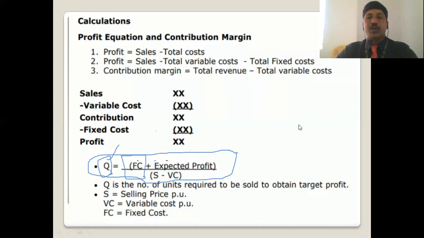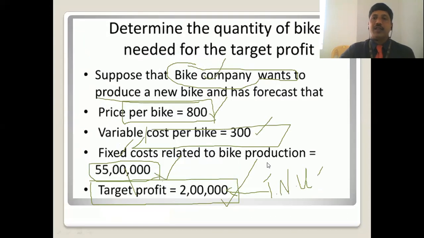Sales minus variable cost is also said to be contribution. Selling price per unit was given. Yes. Variable cost was given. Yes. All the things are given in the problem.